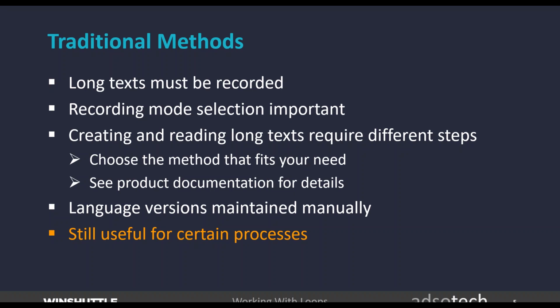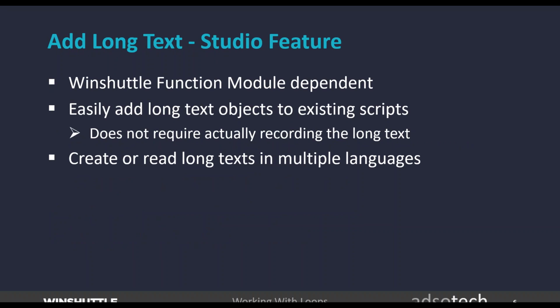But the main topic, what I want to share with you today, is related to the add long text feature in Winshuttle Studio, which was originally introduced in Winshuttle Studio version 11. So it's been around for a few years now. I still call it the new long text feature, but it's been around for a while.